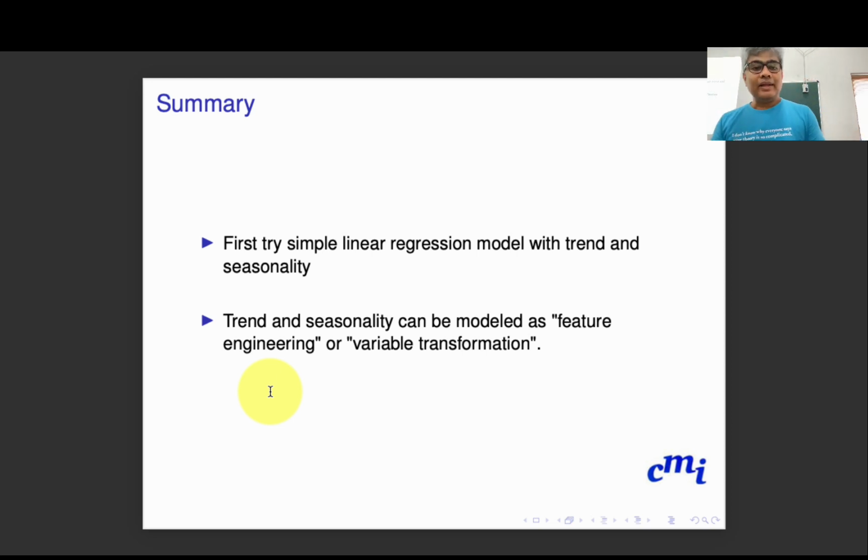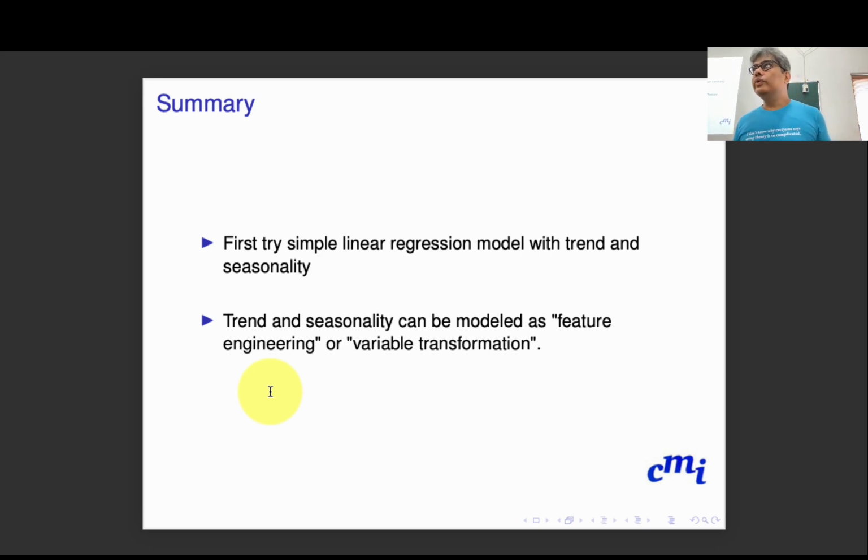Trend and seasonality can be modeled as feature engineering and or variable transformation, whatever you call it. After that, you can look into the residuals and check whether they are IID or not.